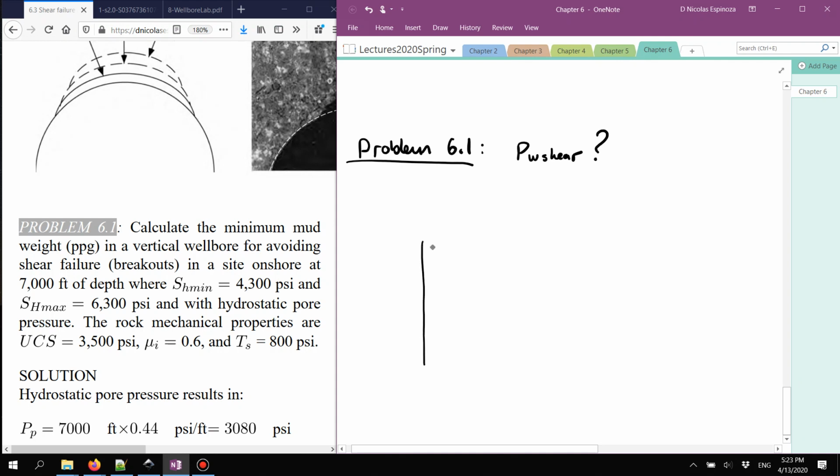I'm going to draw the cross section of the wellbore. And we have a given state of stress. Let's say that in this case, as we were having before, SH max is going in north-south direction.